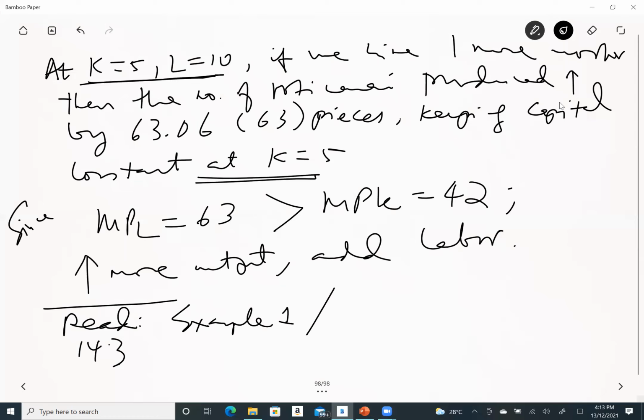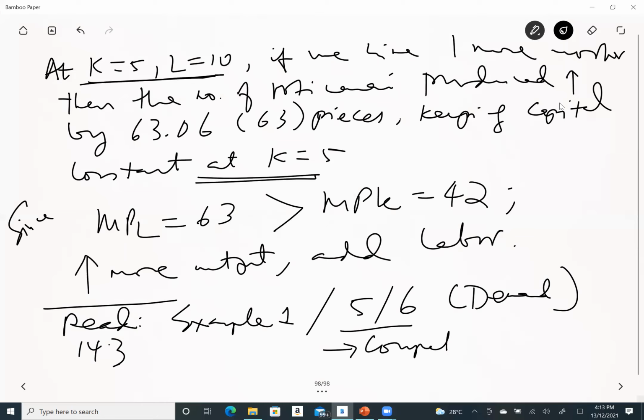And then I want you to read the other examples, 5 and 6, that is on the demand function, demand of a good. Then you look at the concept of competitive and complement.